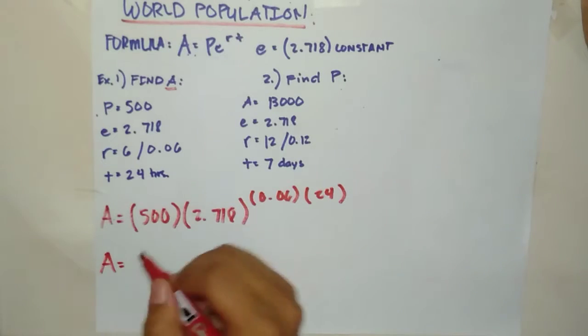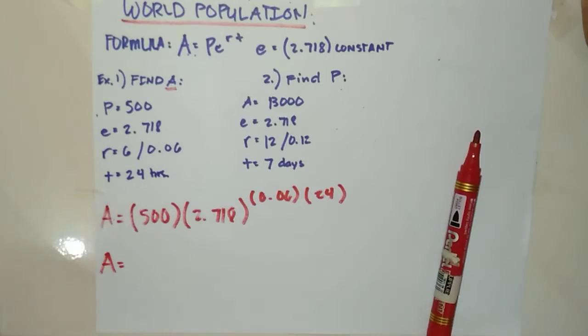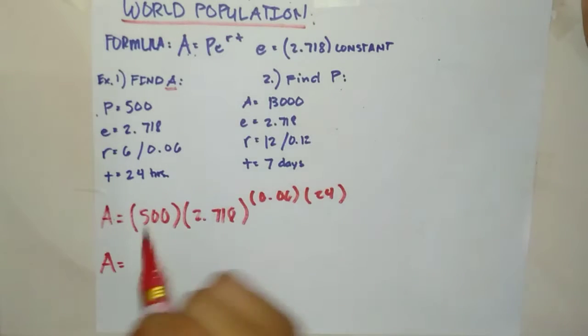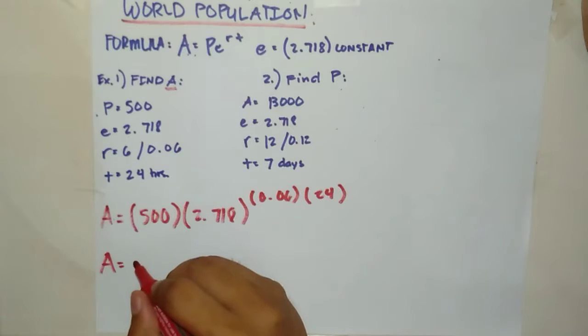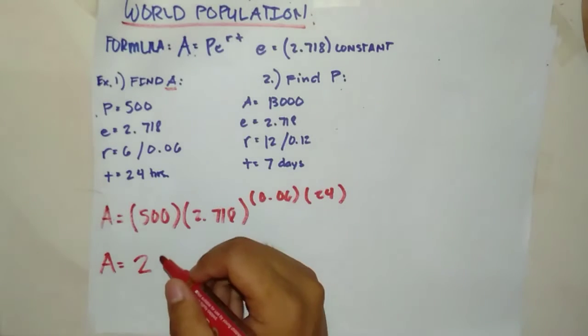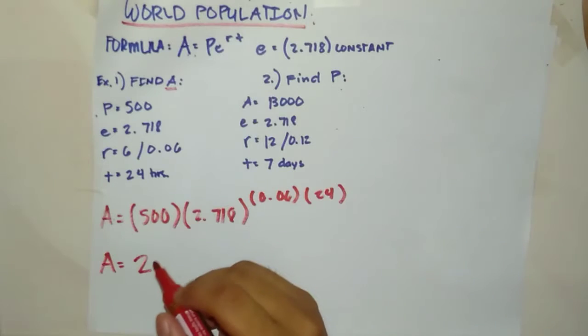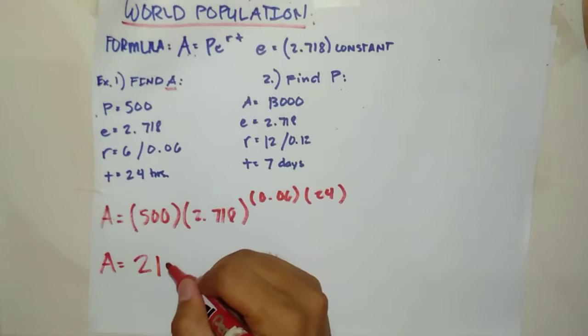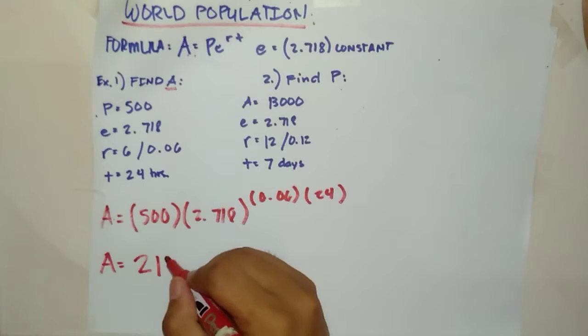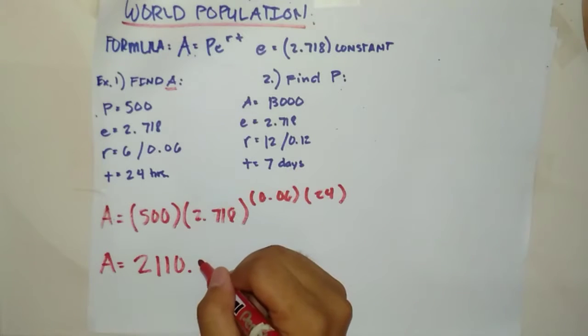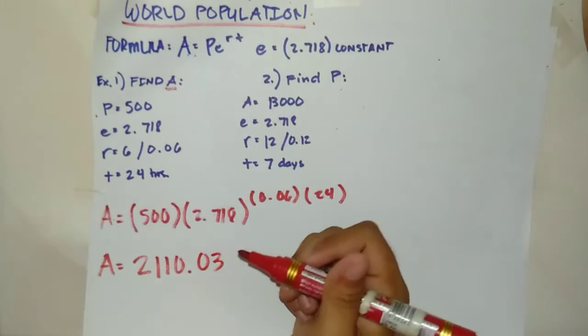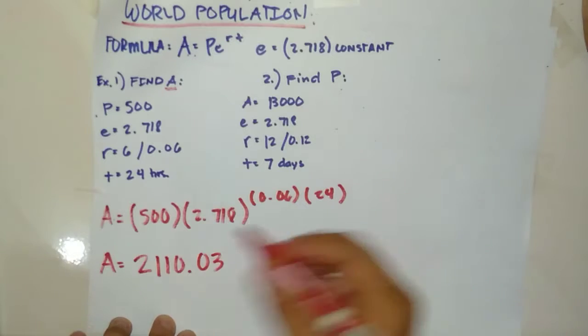So just solve this using your calculator. 500 times 2.718 raised to that value, so you will get an answer of 2110.03. So that is the value of your A.